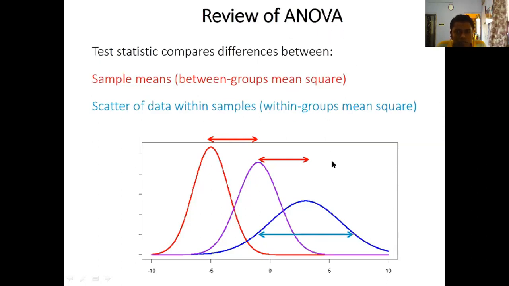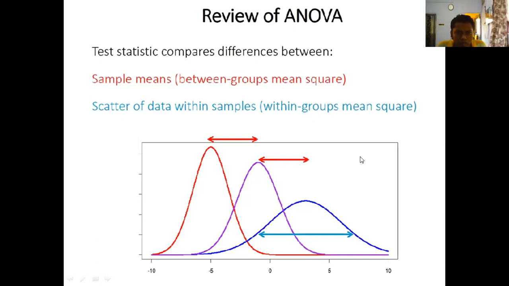ANOVA means analysis of variance. So the question comes: what is the test statistic? The test statistic for ANOVA is F. And we have seen earlier that the F statistic is the ratio of the variances. The F statistic compares the ratio of the variances, as we have seen earlier.